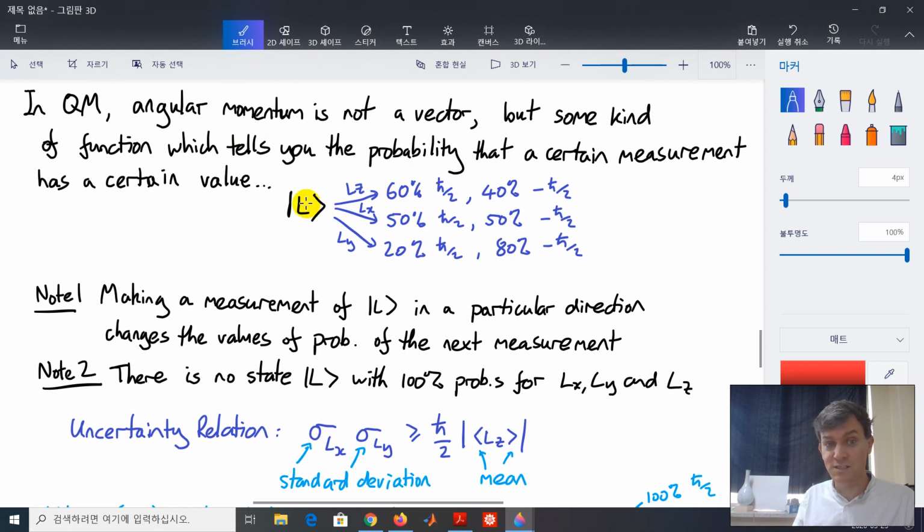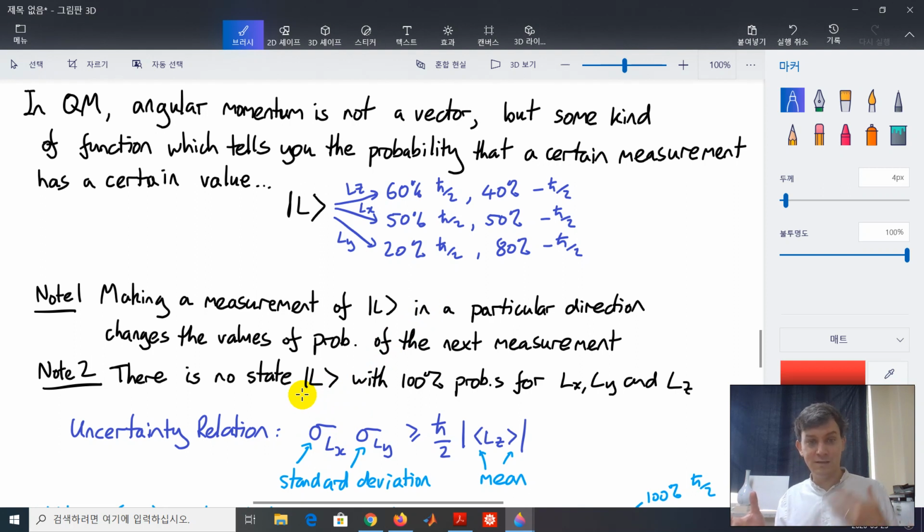So the state of the system does not tell you exactly what its energy, position, momentum, and so on is. It will just tell you the probability that a certain measurement will have a certain value, as we've seen here for angular momentum. And secondly, these measurements cannot all be done simultaneously.